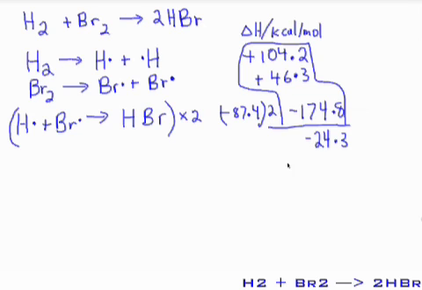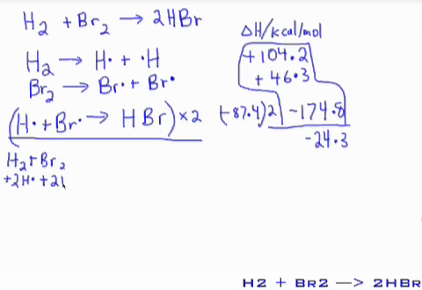Now, this means that's the reaction if, when I add this up, I get this reaction. So what have we got over here? Well, we got an H2, plus a Br2, and we got plus 2 H dot, and plus 2 Br dots.